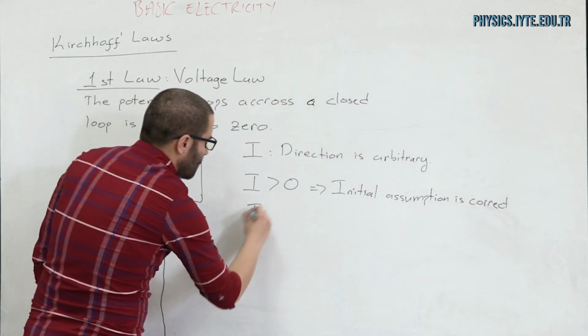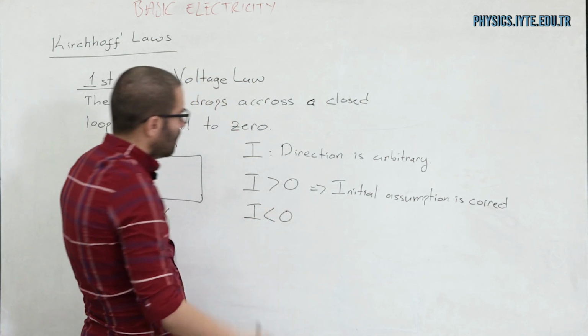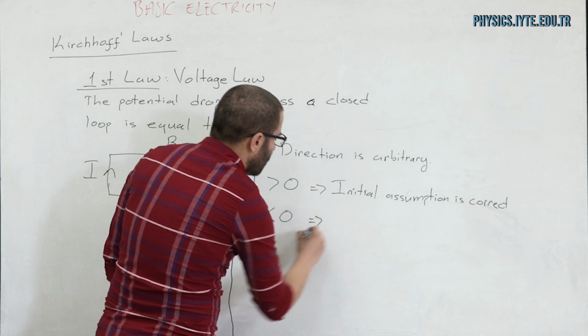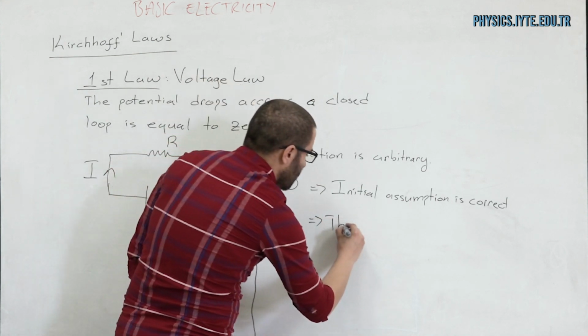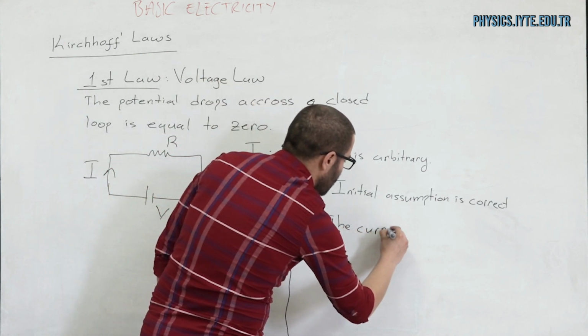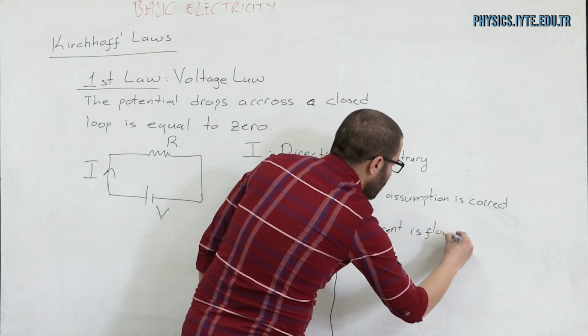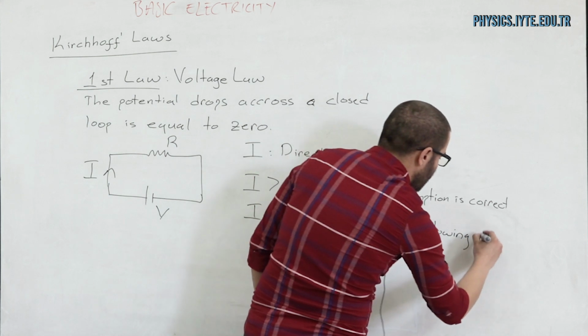If we find that the current is smaller than 0, or a negative value, it means that the current is flowing in the opposite direction.